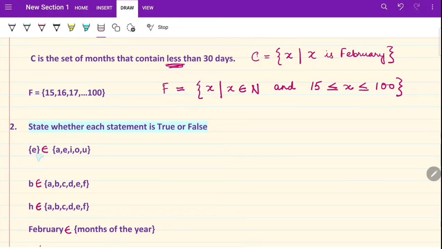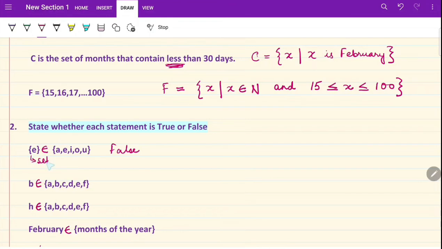When E is surrounded by brackets, this is not an element, but a set. Whereas the set on the right-hand side is a set of individual elements. Therefore, you cannot have a set be a member of a set which has individual elements. So that is the reason this should be marked as false.